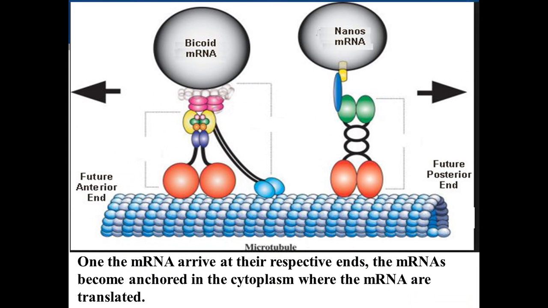Alright, so let's look at this little example here, this little diagram. So here is the Nanos messenger RNA, and it is connected to a motor protein that is different than the motor protein over here that's connected to the bicoid messenger RNA.